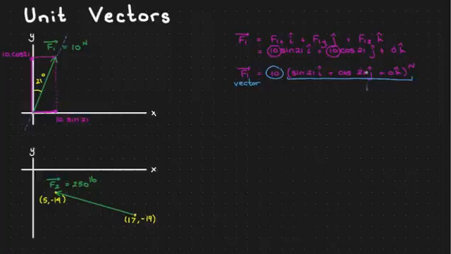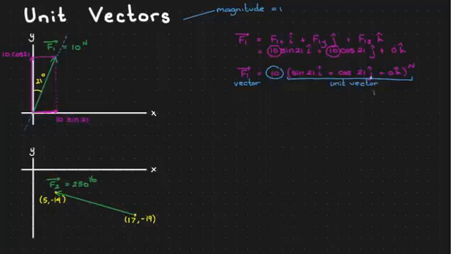Now the sense of direction of F1 is expressed in terms of ijk. It's expressed in Cartesian vector form, and this is what we call a unit vector. And just as the name implies, a unit vector has magnitude equal to 1. So the unit vector of F1's magnitude is equal to 1.